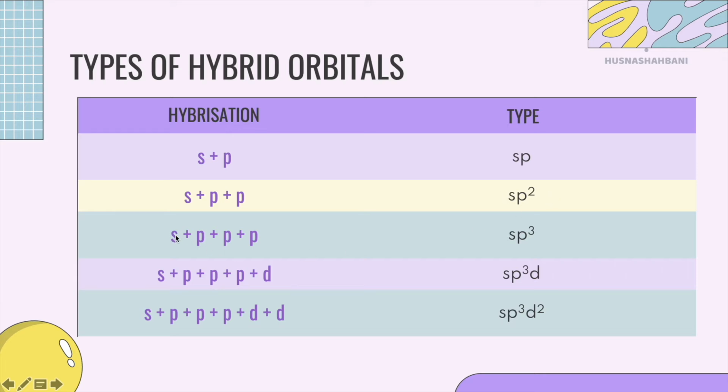When you mix s with three p orbitals, it is sp3. When you mix one s orbital, three p orbitals and one d orbital, it is sp3d. And if you mix s orbital with three p orbitals and two d orbitals, it is sp3d2. It depends on the number of p and d orbitals you use. So these are the types of hybrid orbitals.